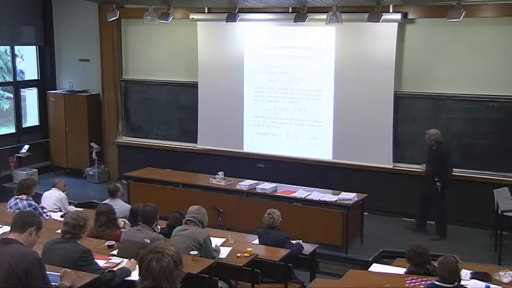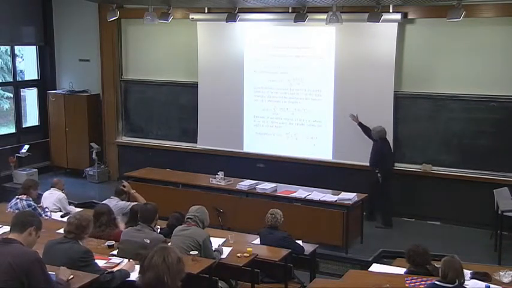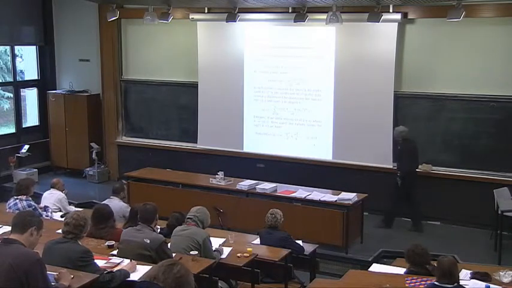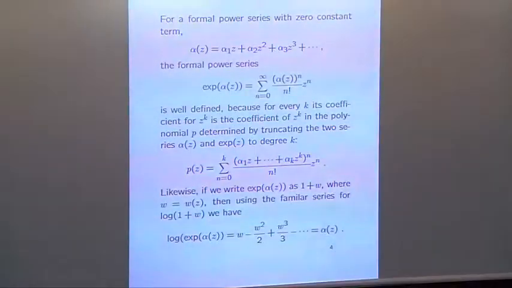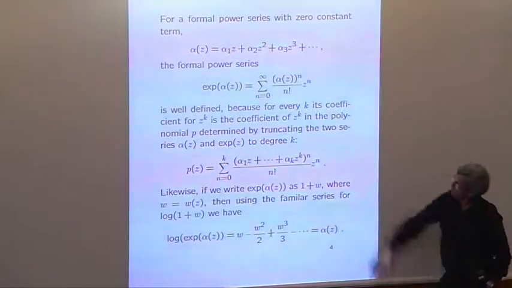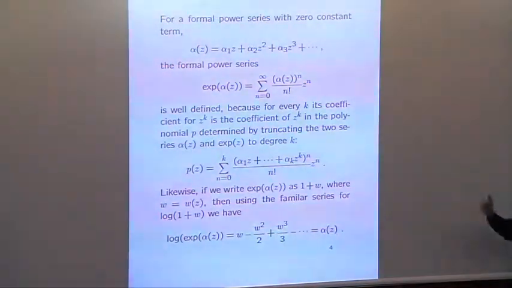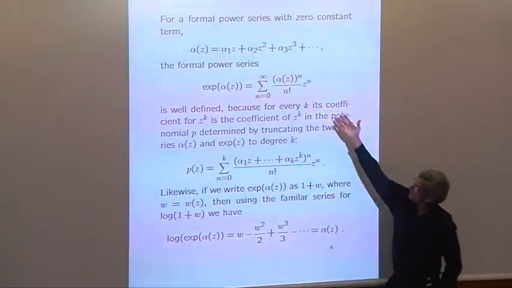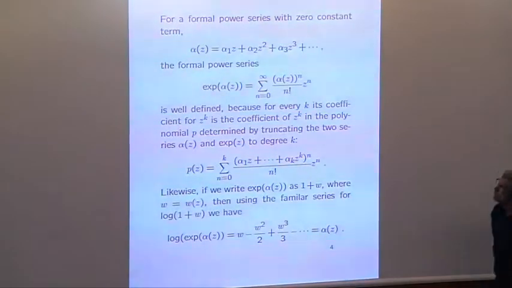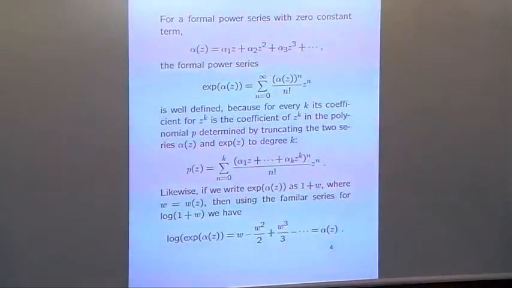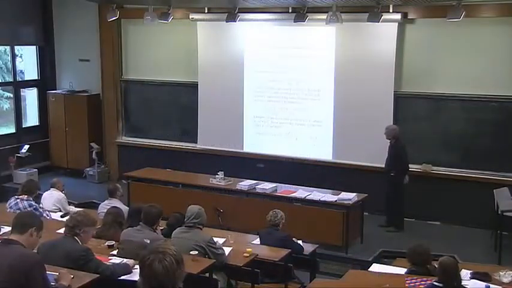Now, why is that? Well, what does it mean to have a well-defined formal power series? It just means that I have to be able to compute the coefficient of z to the n for every n. And if I look at this formula here, well, I can see that if I am interested, let's say, in n equal 10, the terms which involve powers higher than 10 will involve powers of z that have no relevance to that coefficient of z to the 10.